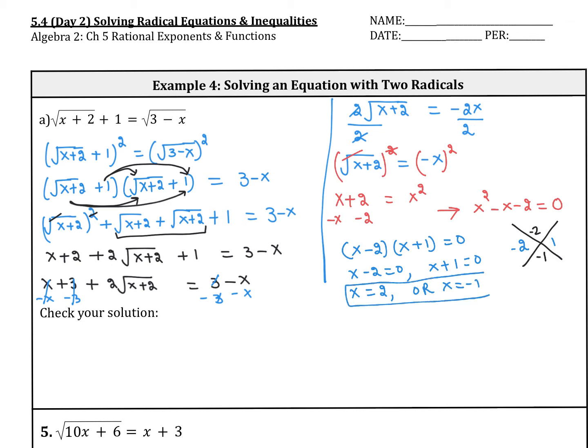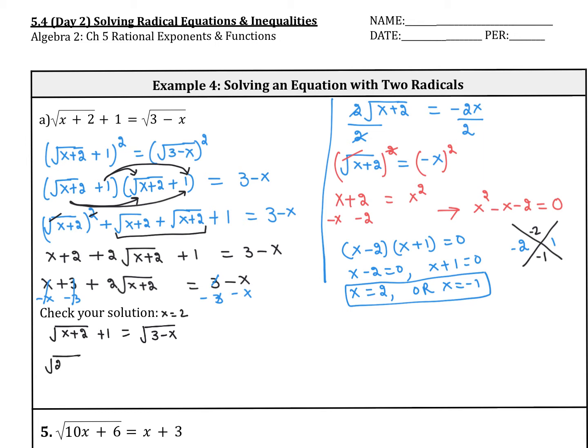We're going to check these two values one by one by plugging them into the given equation. So the main equation is square root of x plus 2, plus 1, equals square root of 3 minus x. First we check x equals 2.